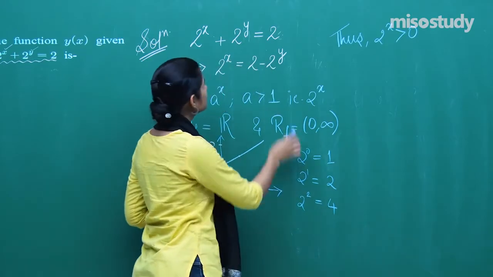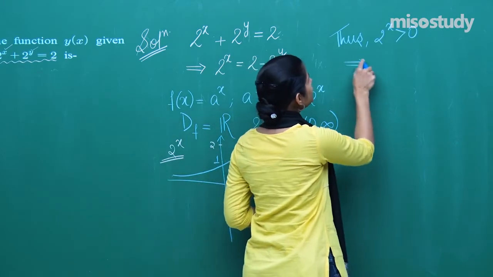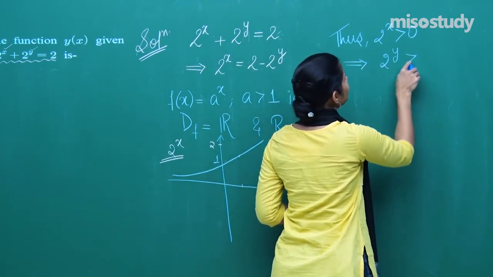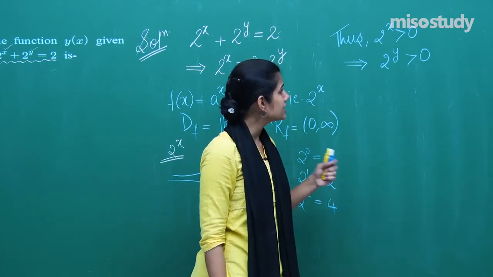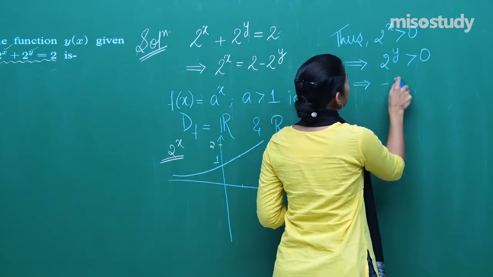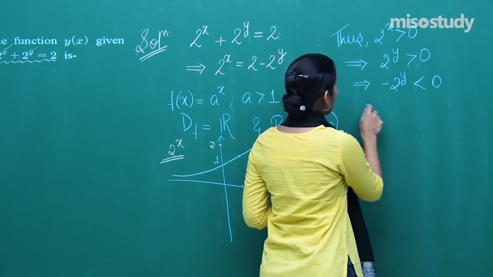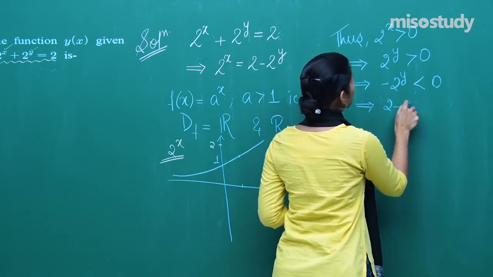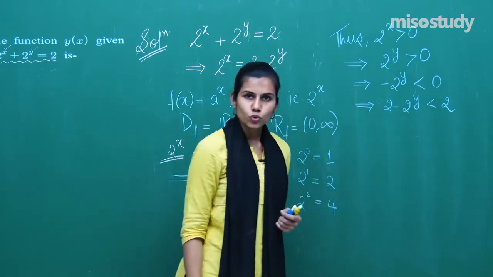This means 2 to the power y individually is also always greater than 0. This is also the exponential expression if I consider y as the input. So, this implies minus 2 to the power y is less than 0. And then this implies 2 minus 2 to the power y is less than 2.